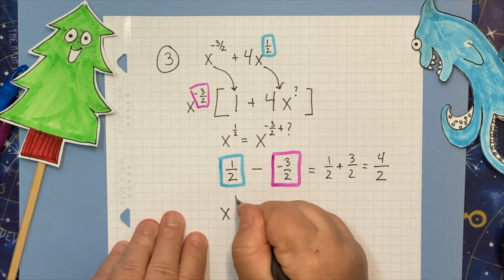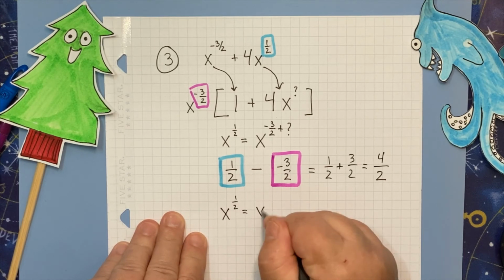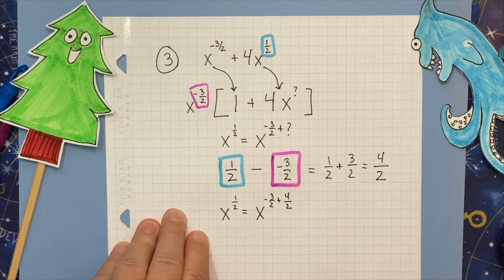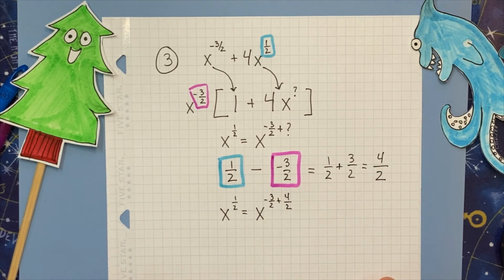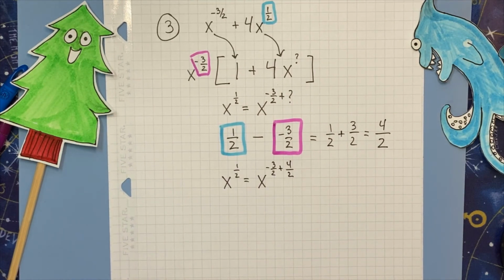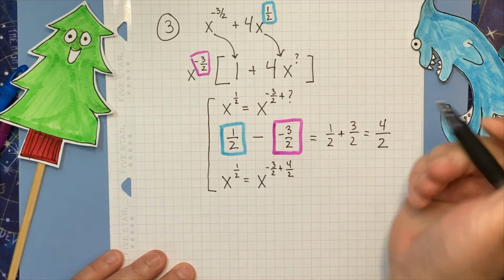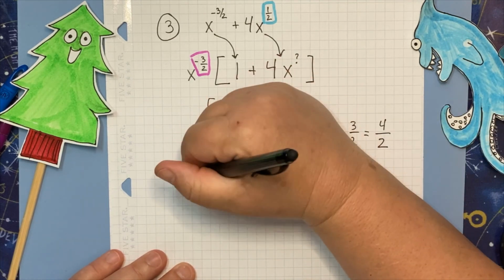So x to the 1/2 equals x to the negative 3/2 times x to the 4/2. Does that make sense? So we're pulling out the negative 3/2. This is just the thought process right here. This is the work.